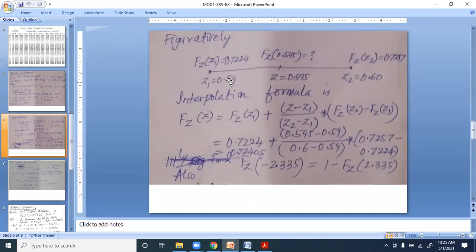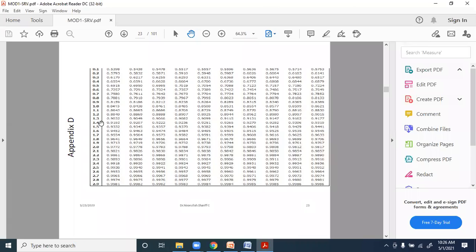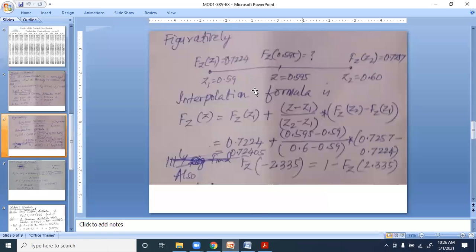So this is between 0.59 and 0.60, which are there in the table. 0.595 is between 0.59 and 0.60. At 0.59 the value is 0.7224 from the table. At 0.60 the value is 0.7257.